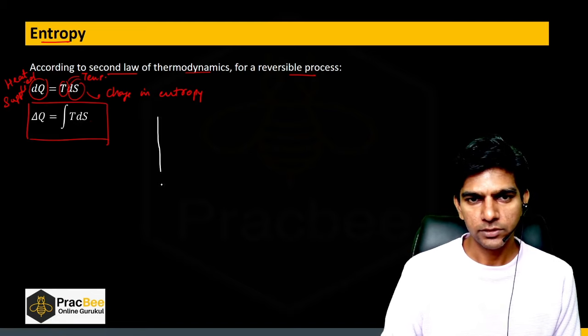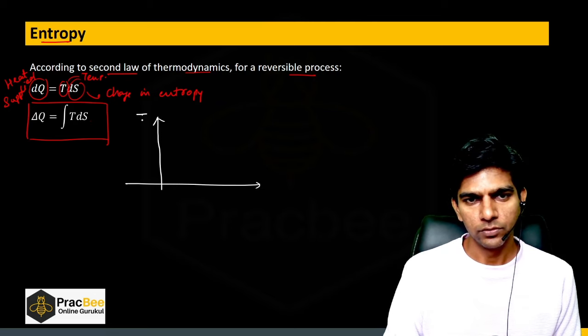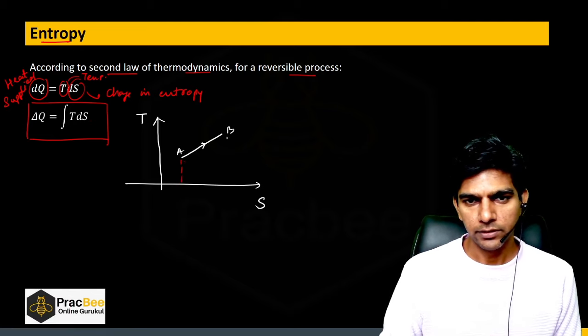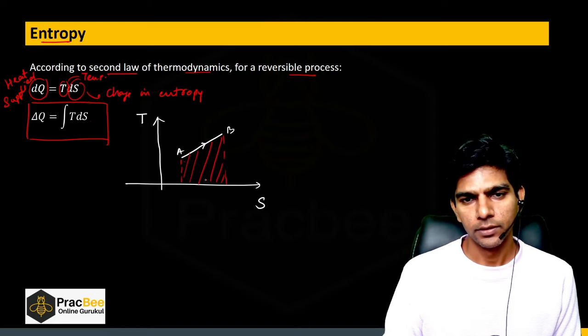If a graph is given to us, suppose we have, say, on the y-axis temperature, on the x-axis entropy, and suppose there is a graph from A to B. Now, if I want to find the area under this graph, let us say this is the area. Now this area is nothing but integral TdS, right?